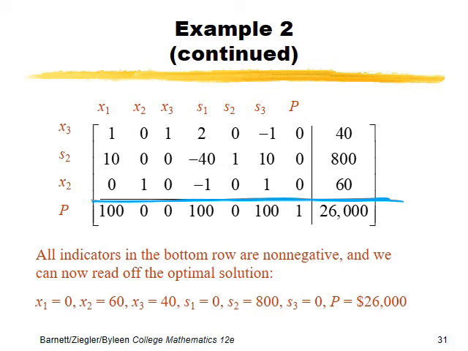We write this system back into the equation form. Our non-basic variables: x1 is a non-basic variable, s1 is a non-basic variable, s3 is a non-basic variable, because we don't have 1 and the rest of the elements are 0. x2 is now a basic variable, x3 is a basic variable because we have 1 in their column and the rest of the elements are 0.